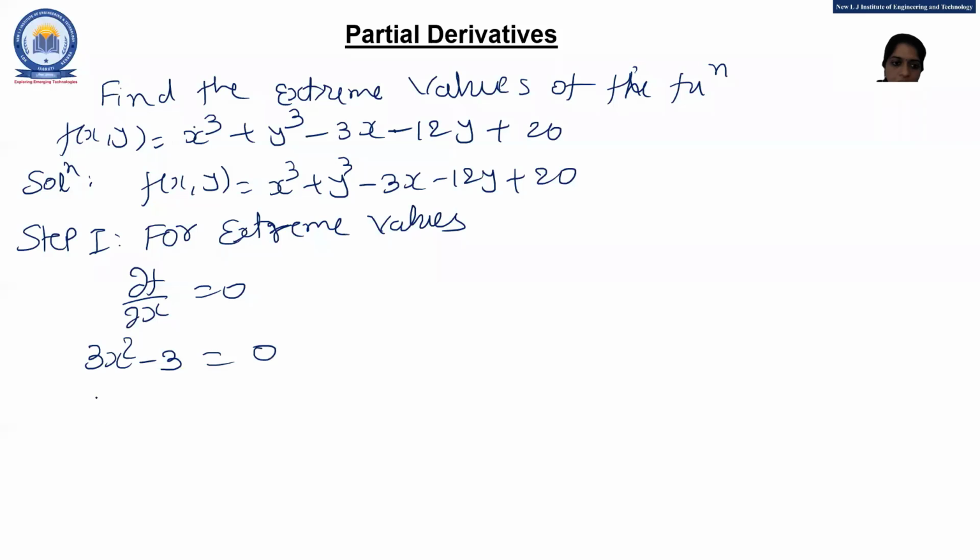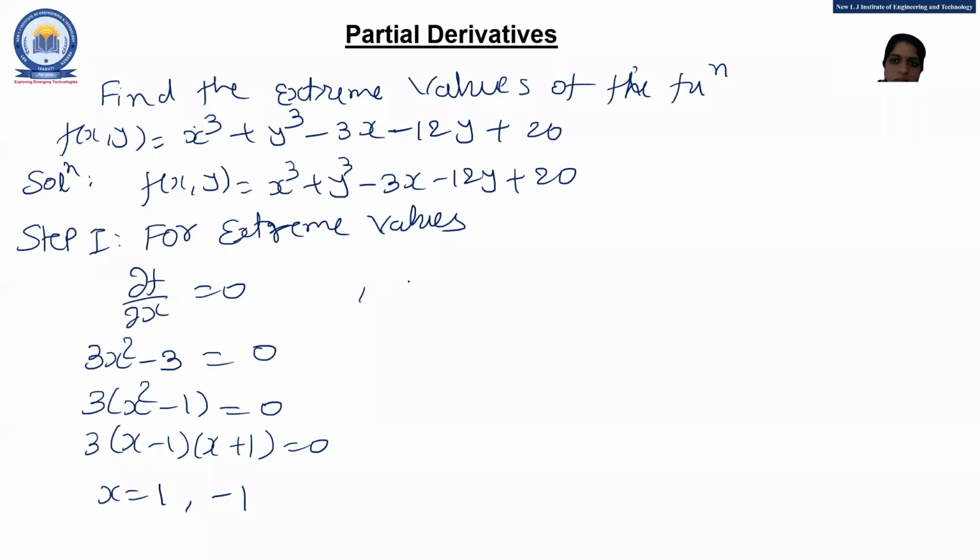So, if I take 3 common, then I have x square minus 1 equal to 0. It means (x minus 1)(x plus 1) equal to 0. So I have two values for x, that is 1 and minus 1. Similarly, del f by del y equal to 0, that is 3y square minus 12 equal to 0.